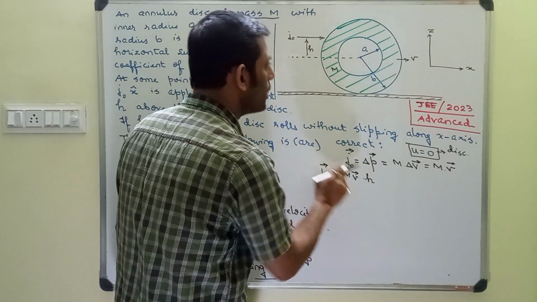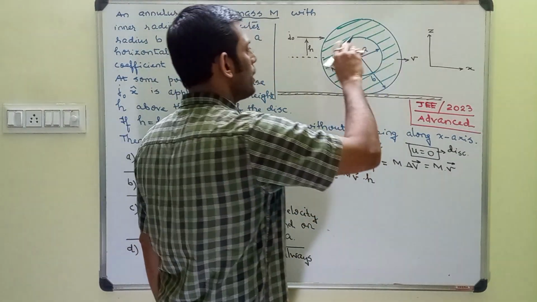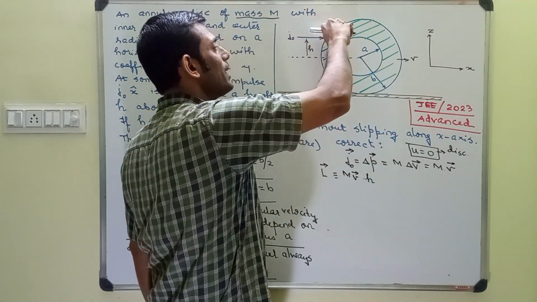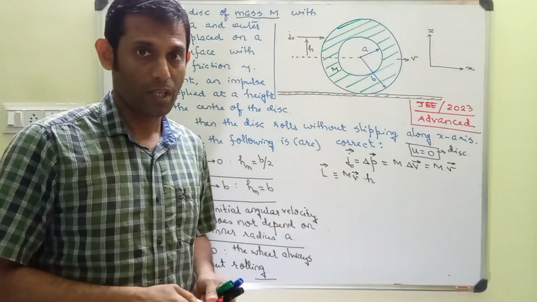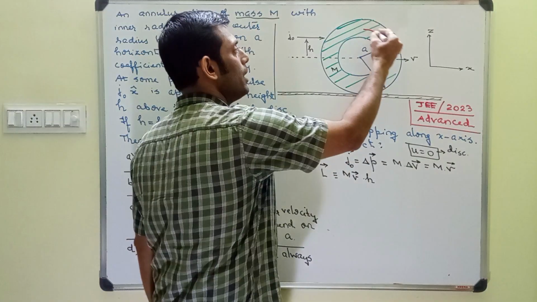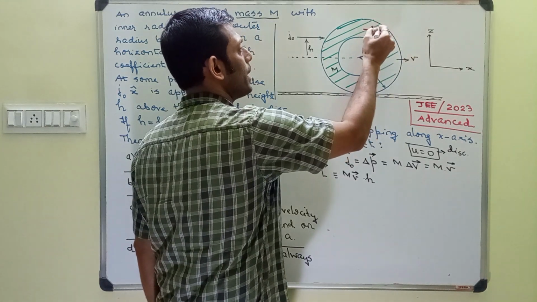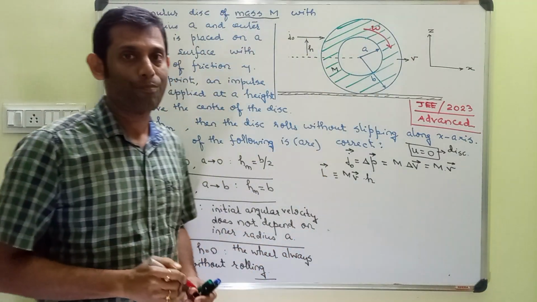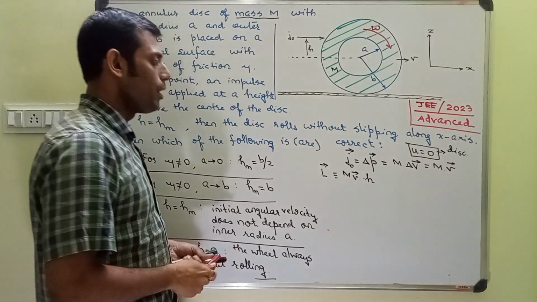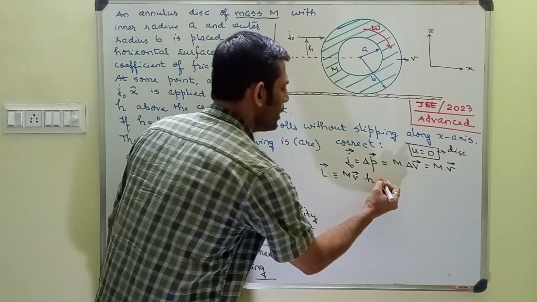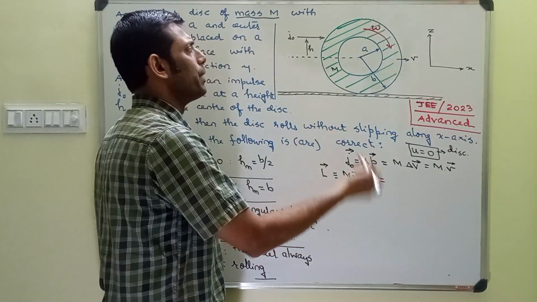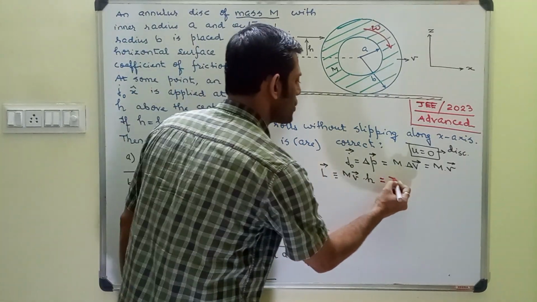When this impulse is applied at a height h, the disk starts rolling. It starts rotating. Let's say the angular velocity that it attains is omega.